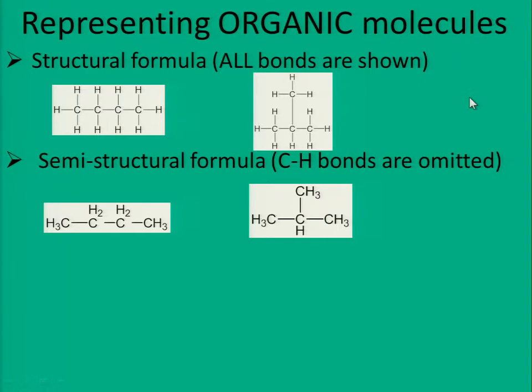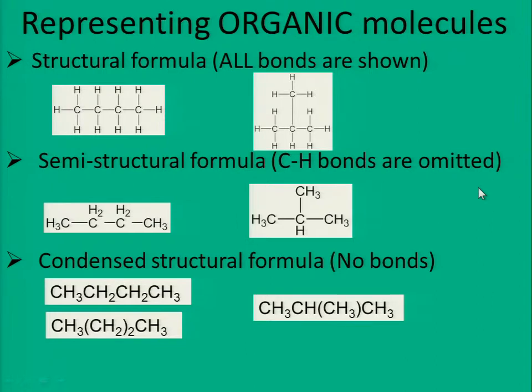Semi-structural formula means that carbon-hydrogen bonds are omitted. Therefore, only carbon-carbon bonds are shown, like in these molecules. So this is exactly the same as the molecule drawn on top, except this one is in structural formula and this one is in semi-structural formula.